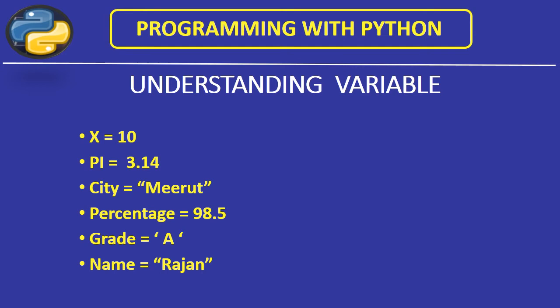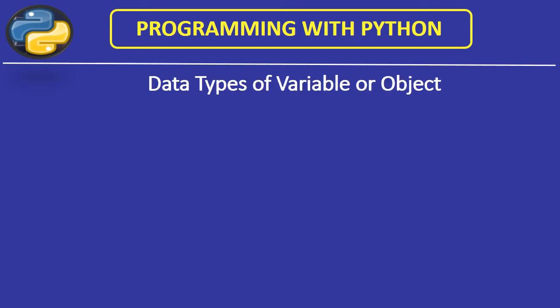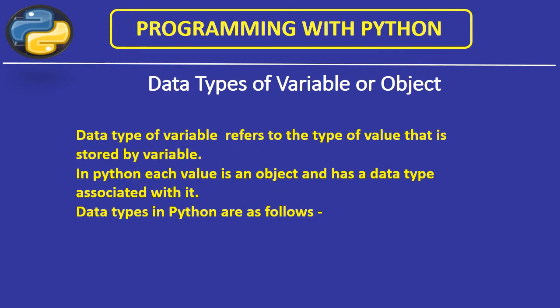Now the other thing associated with a variable is the data type of the variable, and this is another important topic, that is called data types. The data type of a variable refers to the type of value that is stored by the variable. In Python, each value is an object and has a data type associated with it.